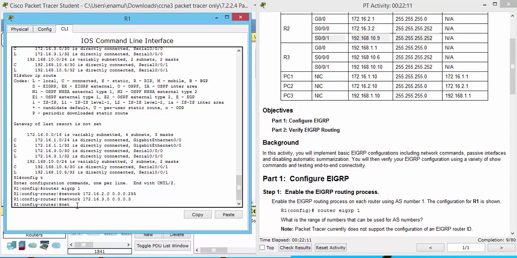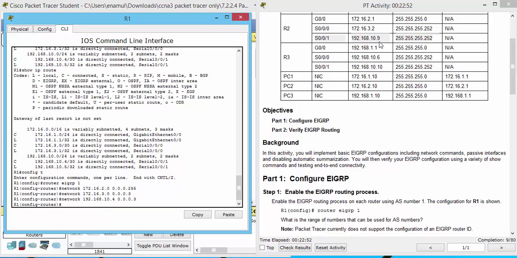So the network is going to be 192.168.10.8, and 0.0.0.3 is going to be the wildcard mask.